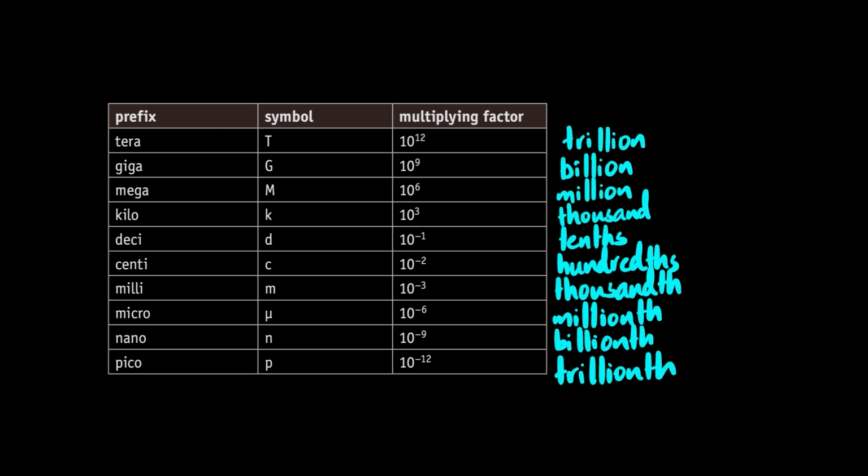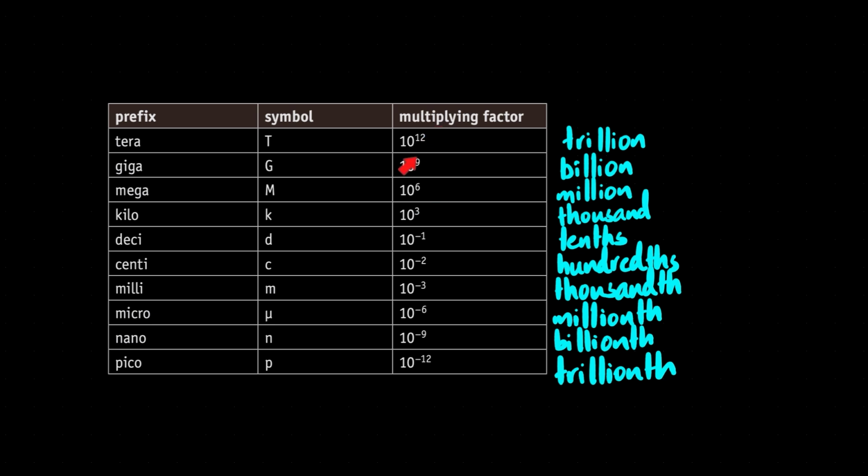So you should know the prefixes and their symbols. Do take care that some of these are uppercase, some of them are lowercase. Aside from kilo, all of the larger ones are uppercase. Kilo is the only one which is lowercase. And then all of the other ones which are smaller than 1 are lowercase. All of the larger ones would make a number bigger.